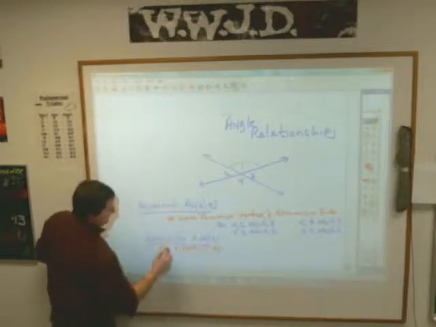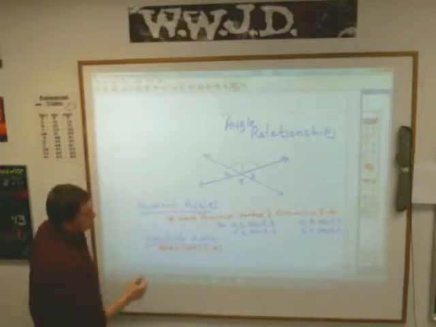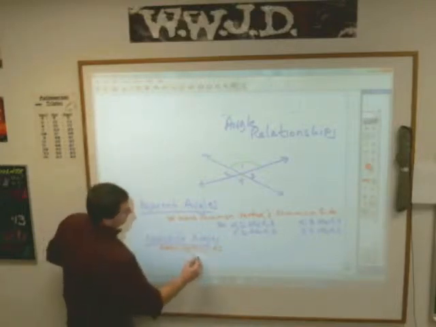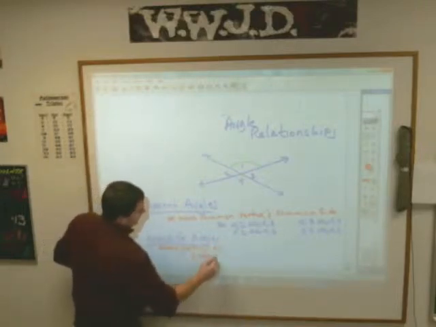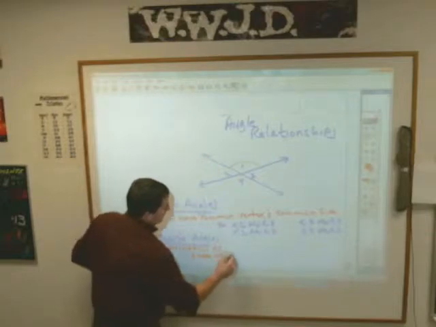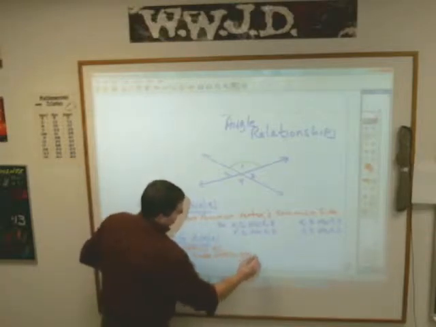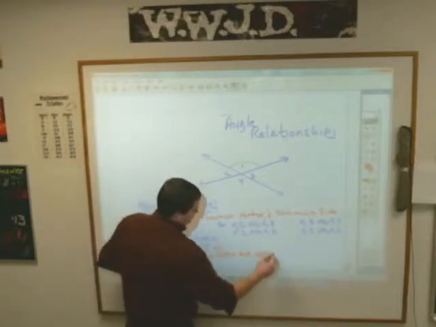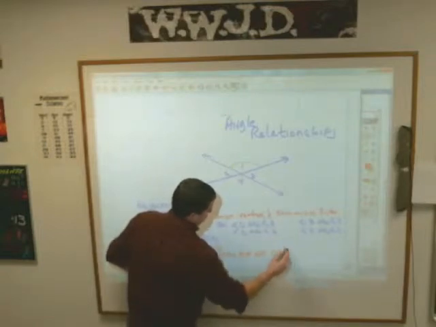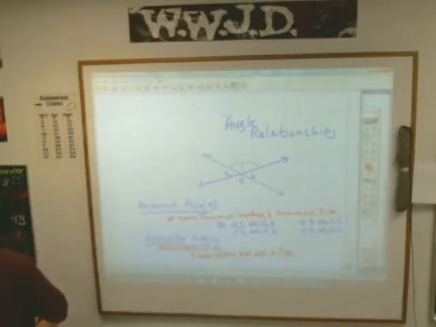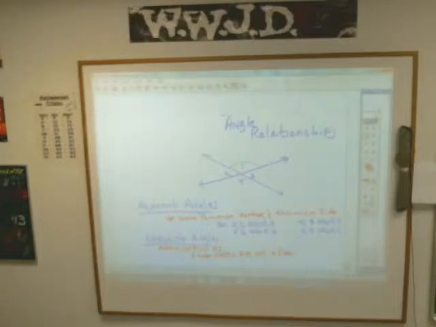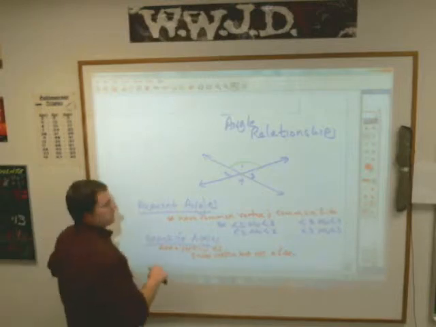They are the ones that share a vertex, but not a side.